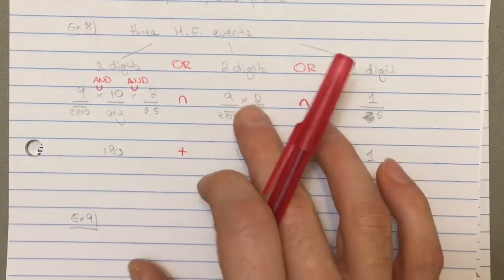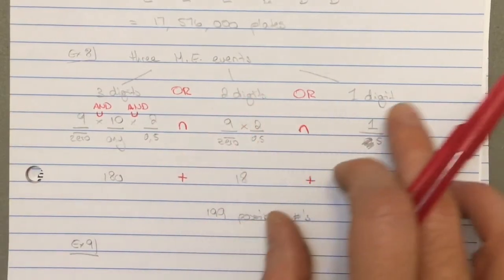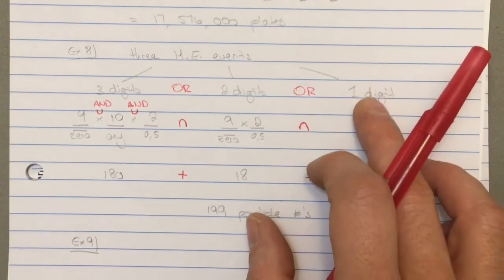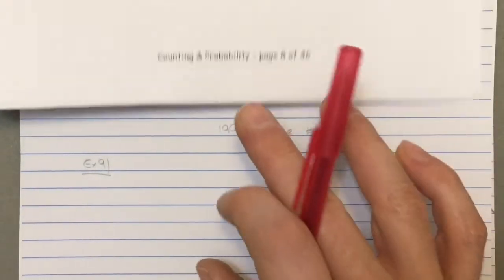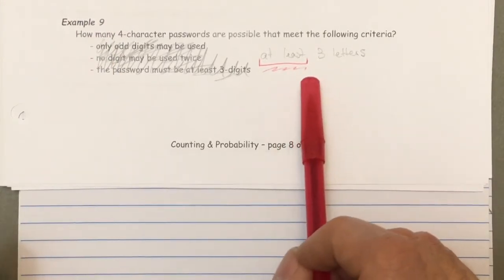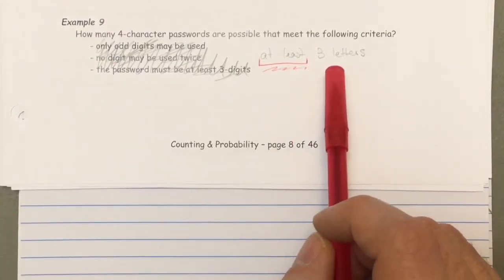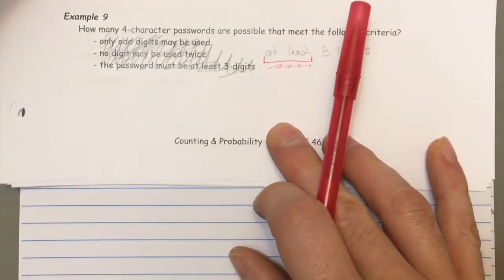In this case we could have said, how many numbers are there with at least 1 digit? Well, then we have 1 digit or 2 digits or 3 digits. And here it's the same thing. We have a few outcomes, a few mutually exclusive events. One of them is where we have 3 letters, or we could have 4 letters.